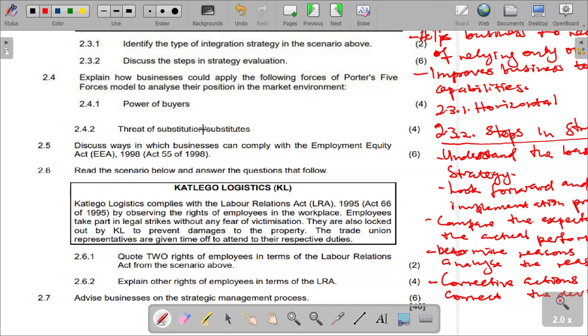So how could a business apply these in a 5 forces model for their position in the market environment?